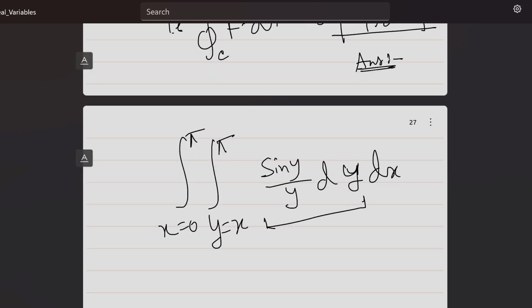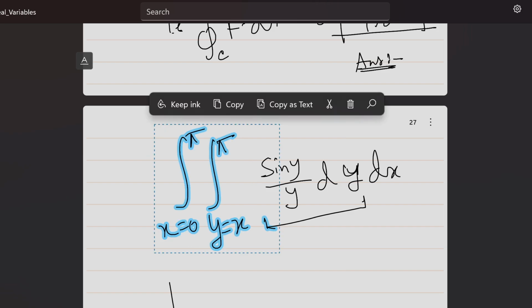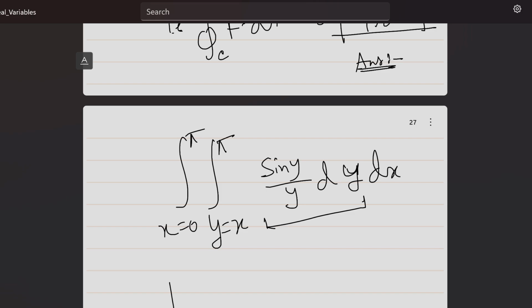So first you have to draw the region. Here y is from x to pi. So what is y equal to x? This is a straight line, y equal to x. y equal to pi is this line, and x is from 0 to pi. So x is 0 means this, and x is pi means this.